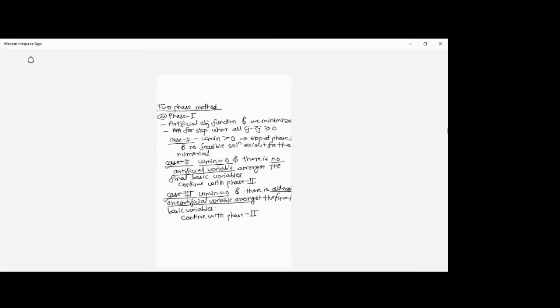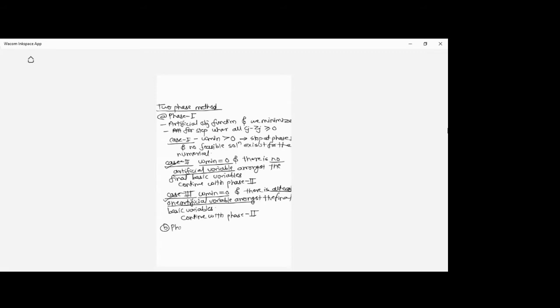This is not troublesome actually, but here we'll have to take extra care so that the artificial variable gets eliminated, or we make it 0. It should not reappear in our final optimal solution. That particular care we need to take. And next is our phase 2 only.